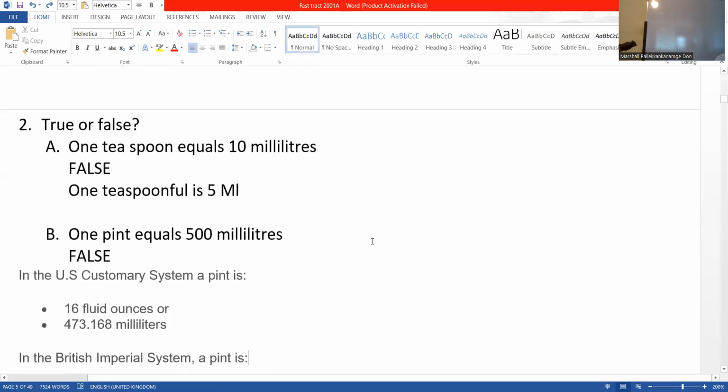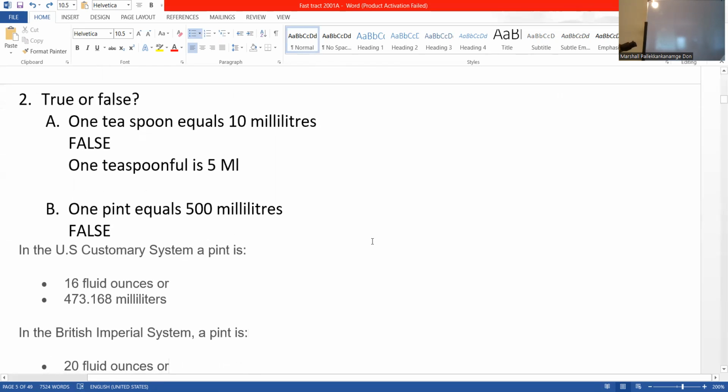Question 2. True or false? 1 teaspoonful equals 5 ml. Everybody knows 1 teaspoon is 5 ml. 1 pint equals 500 milliliters. That is false.